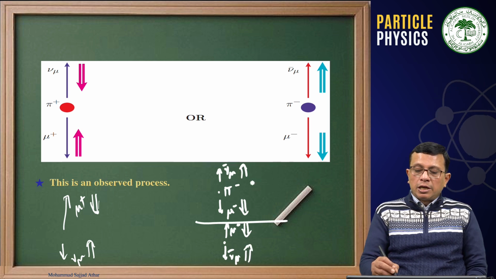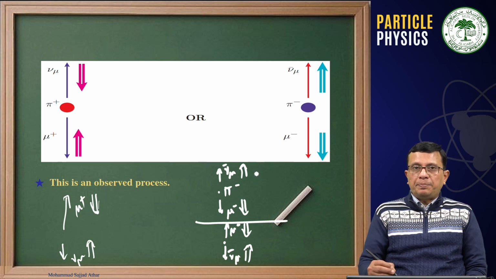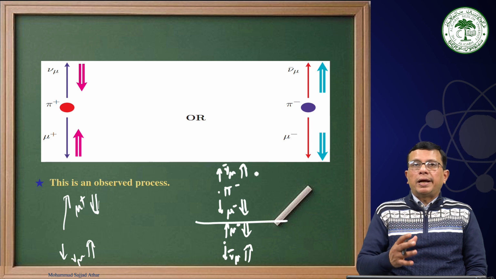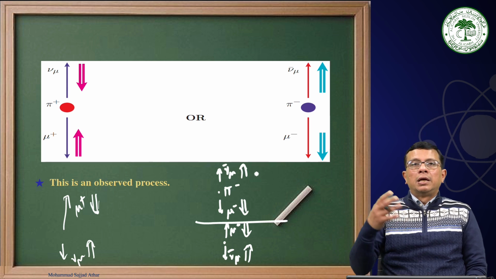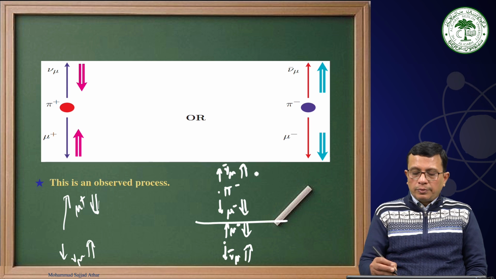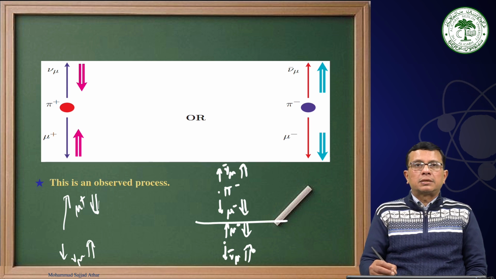That means here nu mu bar was right-handed, but when we applied the parity operation of spatial inversion, we see that nu mu bar is becoming left-handed. Had it been the case that antineutrinos could be equally left-handed and right-handed particles, then we should have observed this process.